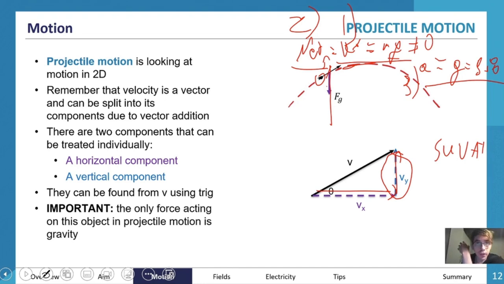The horizontal plane is easier to understand because you need to think, all right, in the horizontal plane, are there any forces? Again, we ignore air resistance. We do not do quantitative measuring of air resistance in VCE Physics so far. Well, there are no other forces acting on the cannonball horizontally.